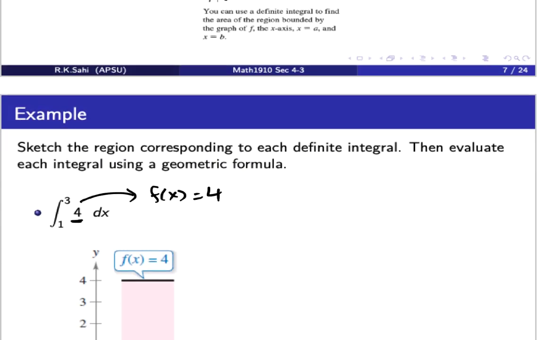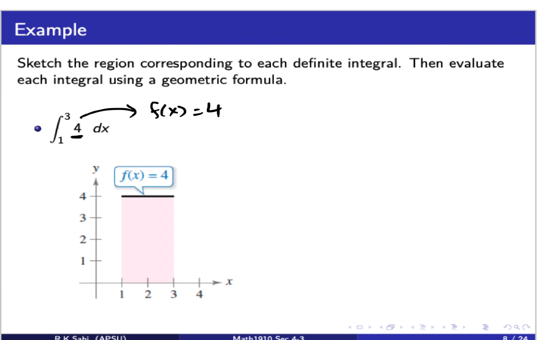So 1 is the lower limit and 3 is the upper limit. So the function is given by a horizontal line, and then you're only looking at the area from 1 to 3.